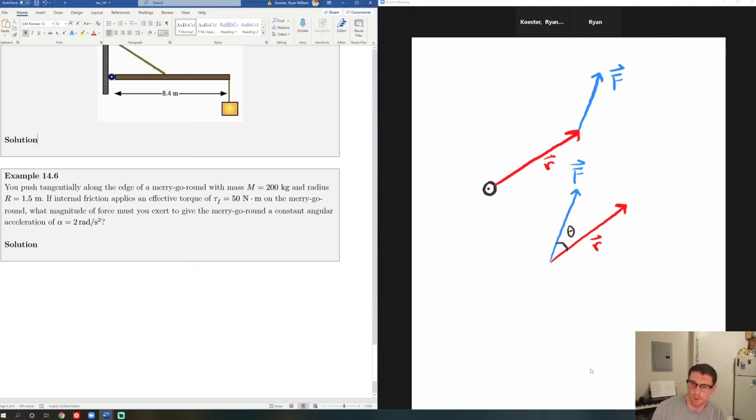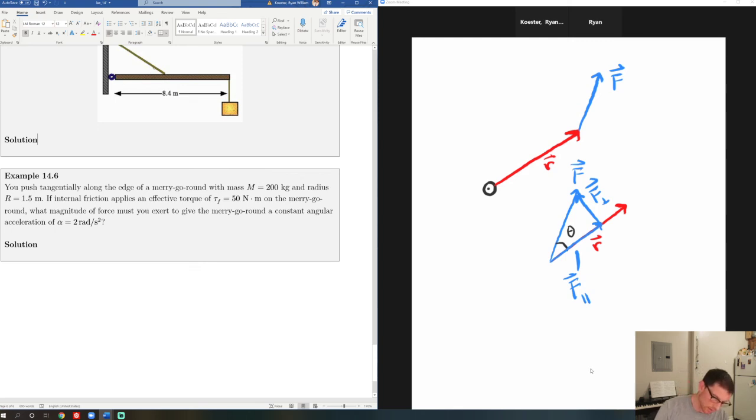This would be an example where sine is appropriate, right? Because we could also draw in the components of the force again. Let me just draw in the parallel and perpendicular components. Now, this is parallel, meaning that it's parallel to the r vector, and this is perpendicular, meaning it's perpendicular to the r vector, right?